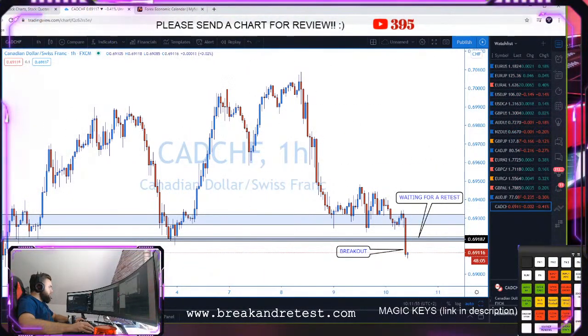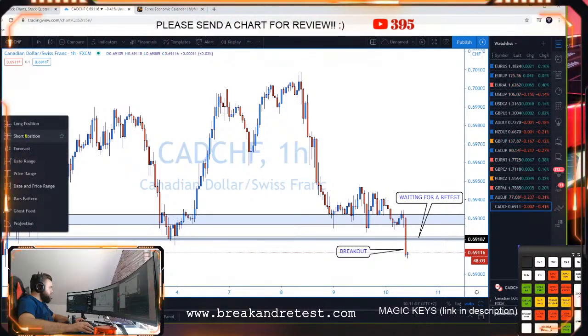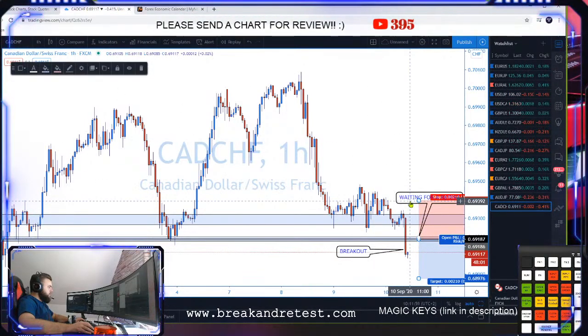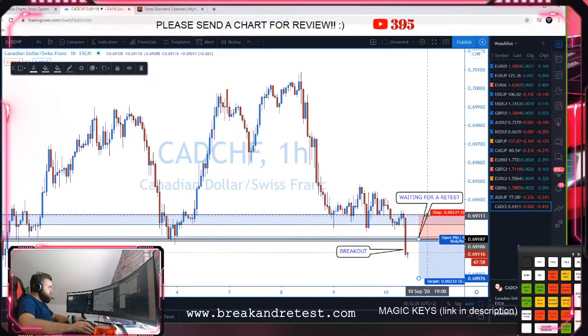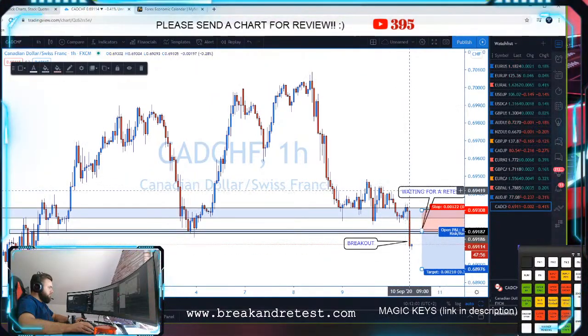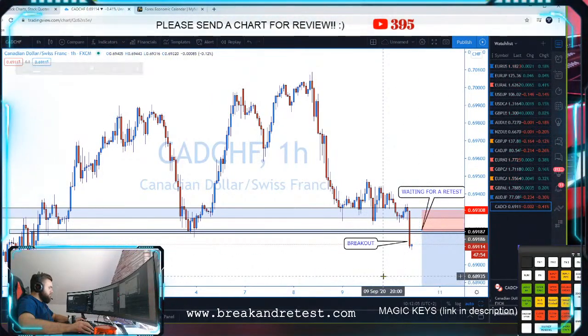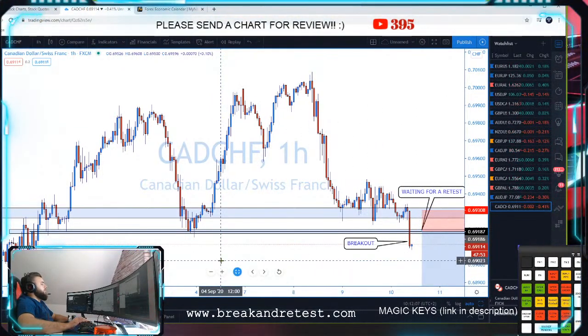Stop loss 10 pips above the breakout candle when it comes. So let's wait now.